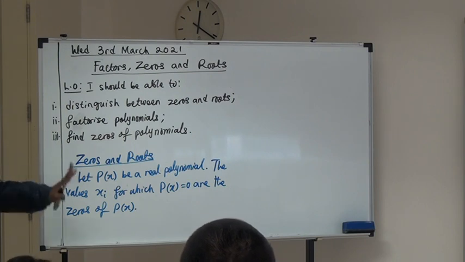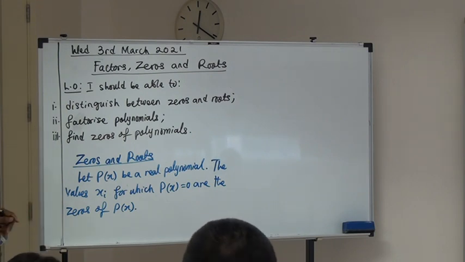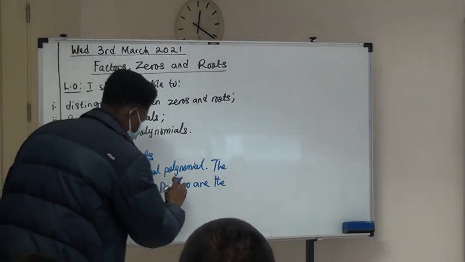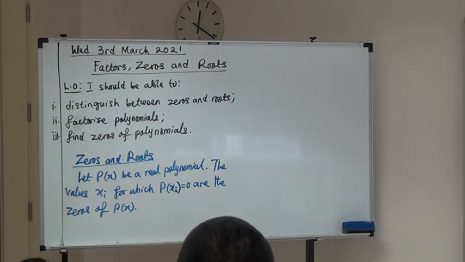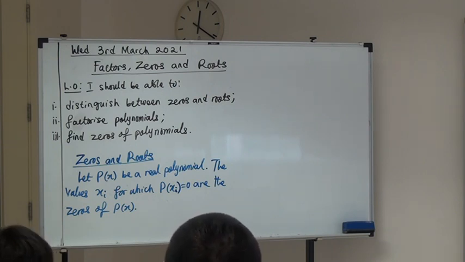P of x is an expression here, not an equation. But the values xi for which P of xi is equal to 0, all those xi you can substitute and generate 0, are the zeros of the polynomial.